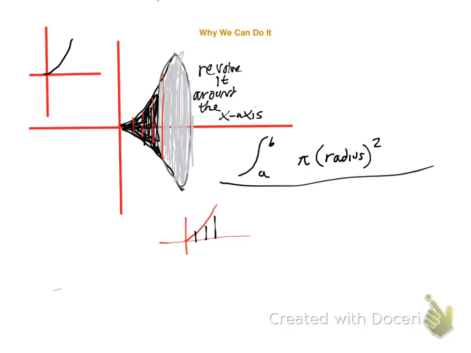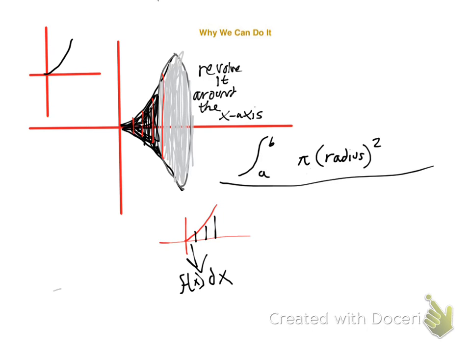They were little areas that we could compute by doing base times height. The base was dx, or dy in other cases, but in this case dx. The height was your function, f of x. And so that was how you actually got the area of one of these two-dimensional shapes.